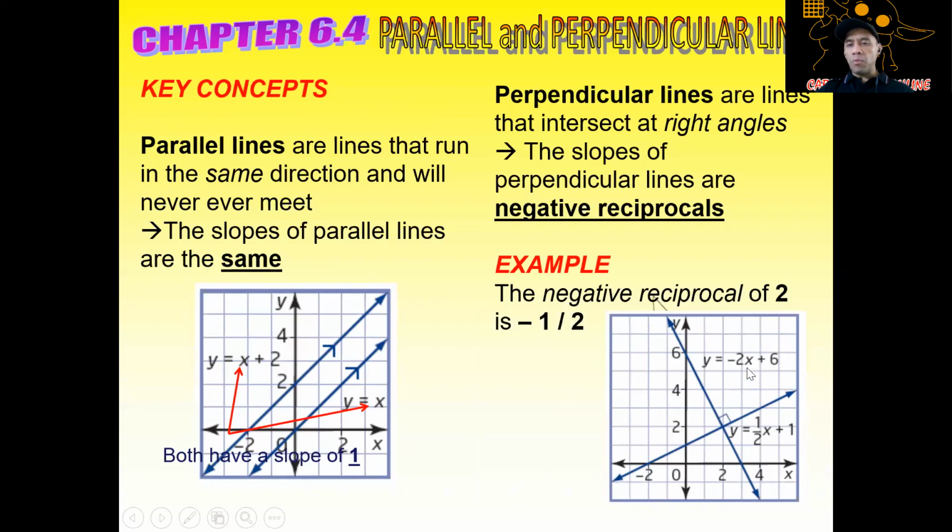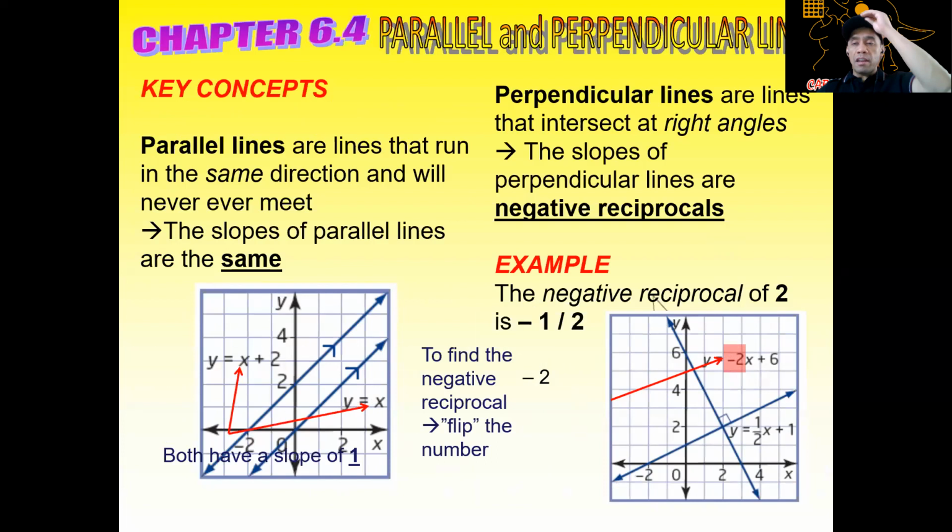So you're probably wondering, well, how did we go from negative 2 to 1/2? Well, remember the two steps that we have to do: change the sign and flip the number.